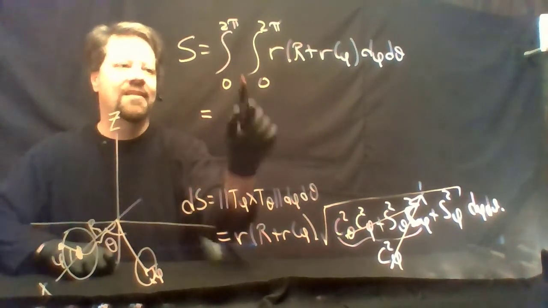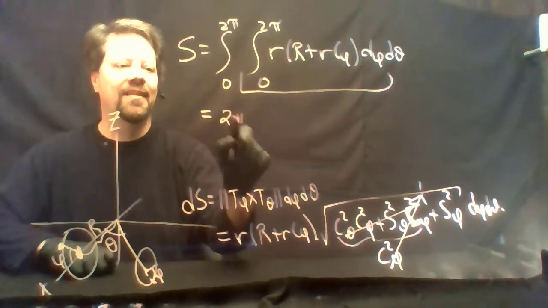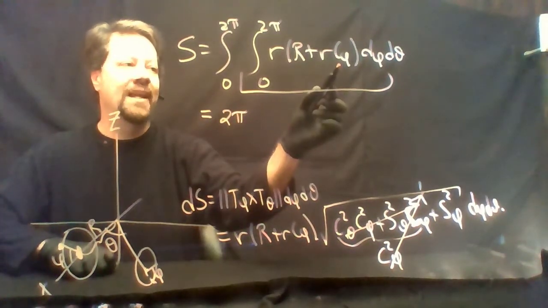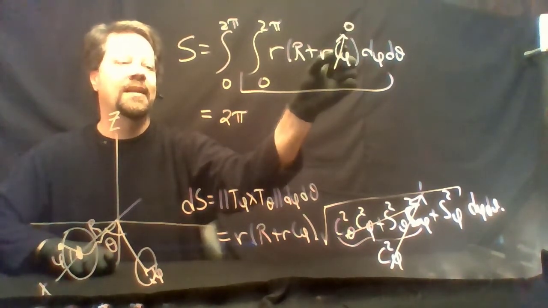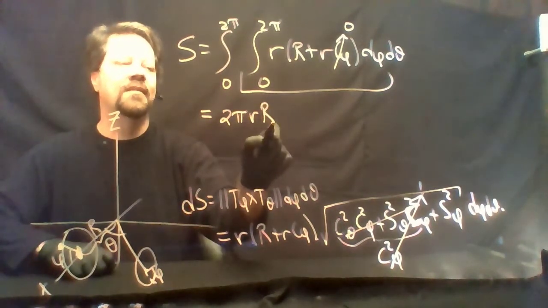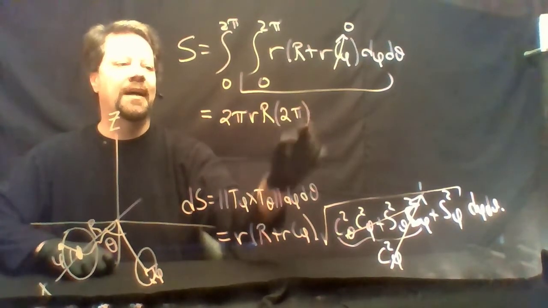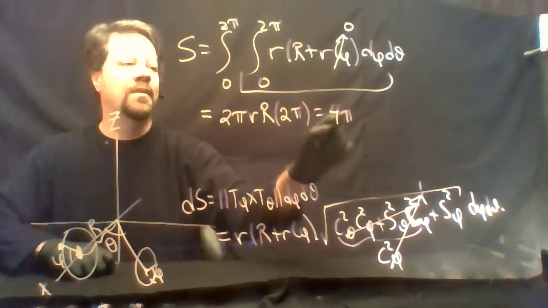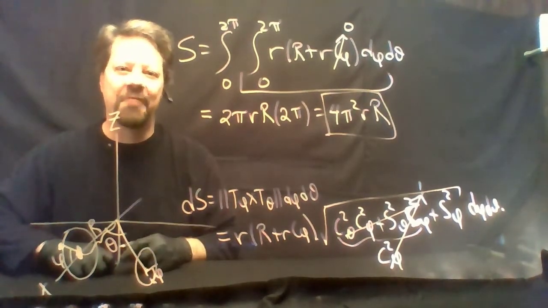As you can see, there are no thetas, so we do get a 2 pi for free. When we integrate cosine phi from 0 to 2 pi, we get nothing. So what remains is the constant little r times big R integrated from 0 to 2 pi. We just multiply by the 2 pi. That gives us 4 pi squared little r big R, the same as from the theorem of Pappus.